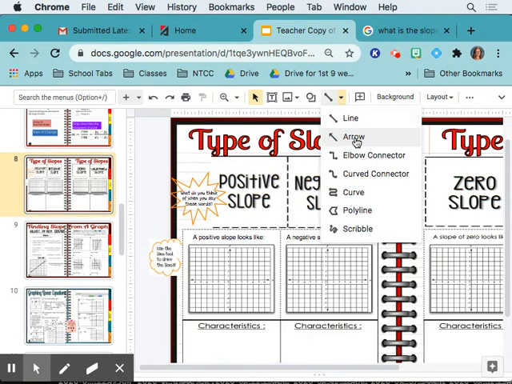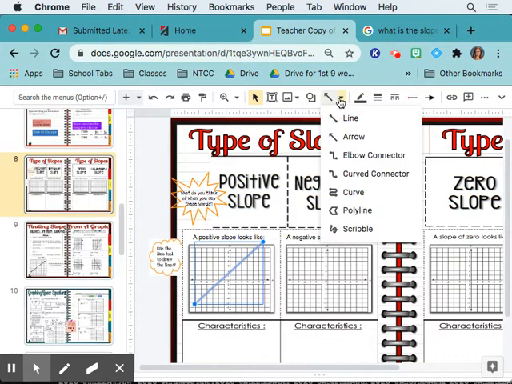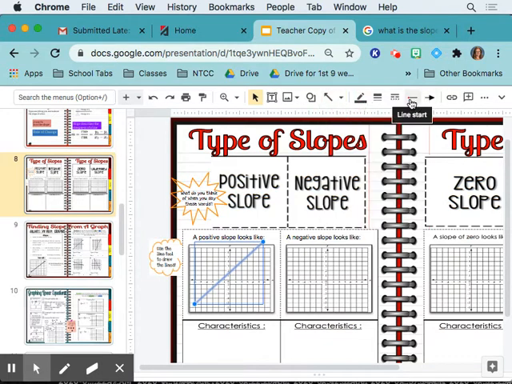So a positive slope, we're going to have arrows on both sides, right? So it's going to increase from left to right. Before you let this line go, I want you to make sure it has 2 arrows. See how you have the line start, line end?